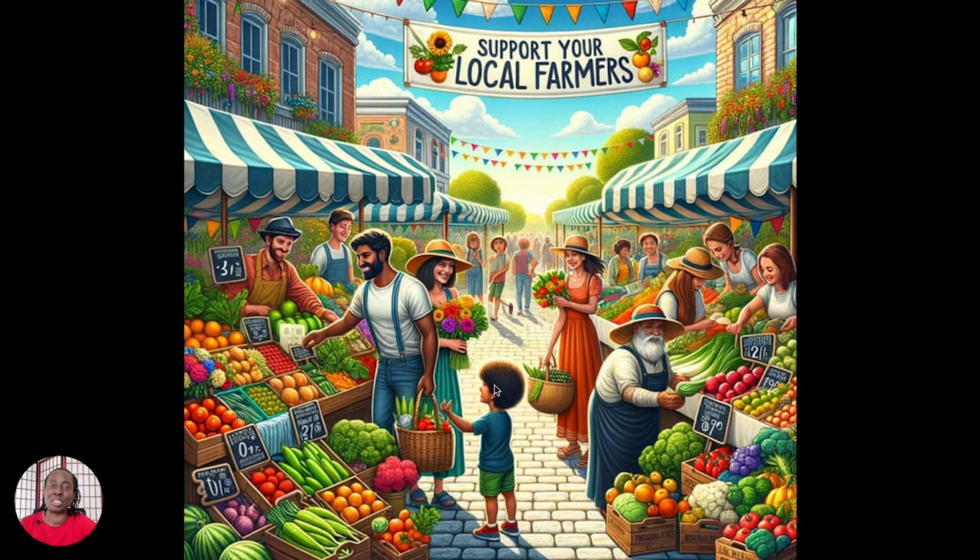And next to him is a man. This man is smiling, and he looks like he's about to pick some fruit from the stand. His hand is stretching out to pick up some fruit.